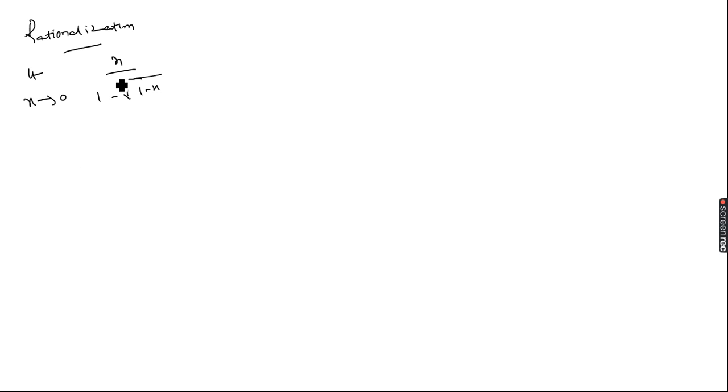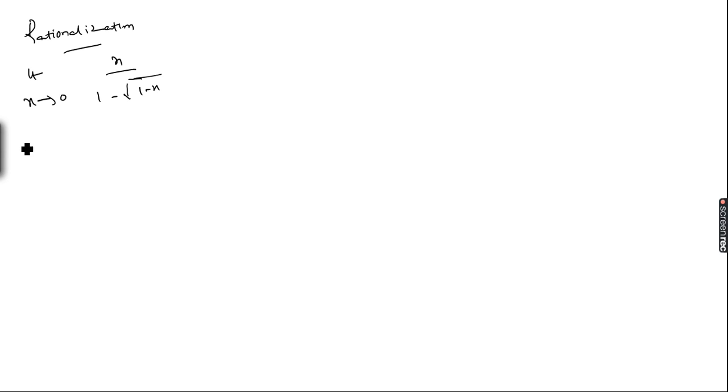If we have in a denominator or numerator a form like a plus b root x or anything, then we do the rationalization method. We apply the method of rationalization.